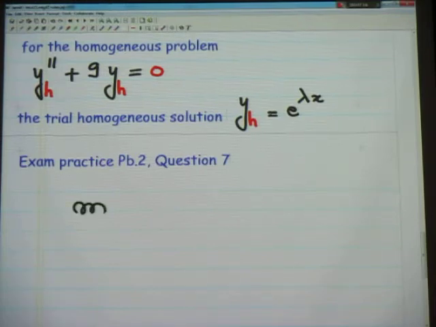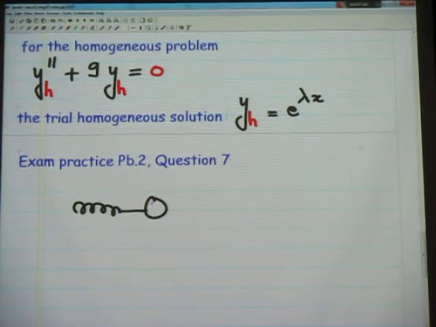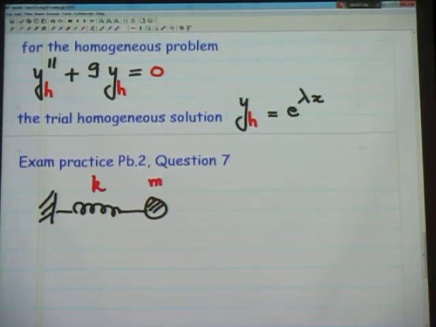You can think of a spring mass problem, when you have m here and k here, and this is much simpler than the 2 degrees of freedom problem that you did in the first half of the semester.